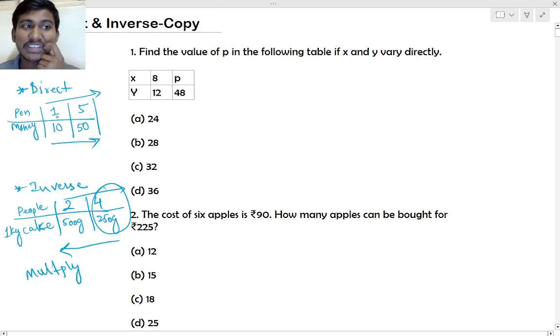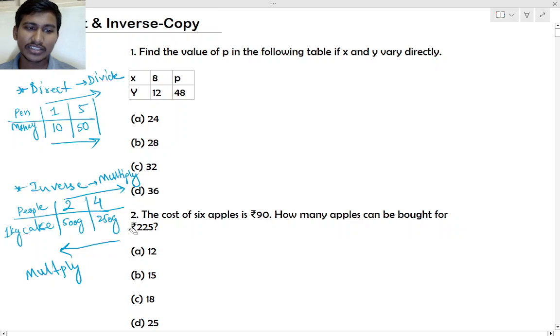But here we have to divide it. So how much is 10 divided by 1? 10. 50 divided by 5 is how much? 10. Like that we have to divide it. In the direct proportion we have to divide. In the inverse we have to multiply.